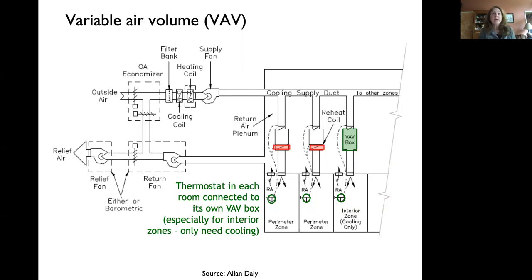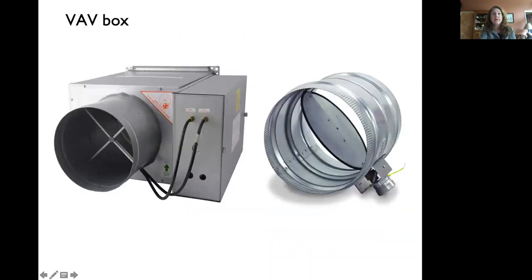So if some spaces need more cooling than others, instead of this old system with the little red boxes with a reheat coil, you have this green box here, which is a VAV, or variable air volume box. So it basically has a damper, and it looks like this. And what you're doing here is changing the amount of air that's delivered to the space.